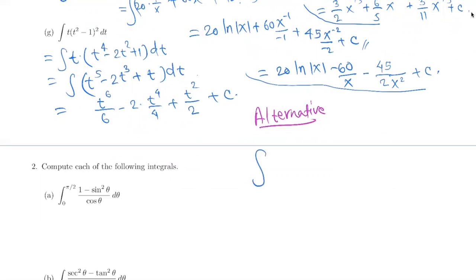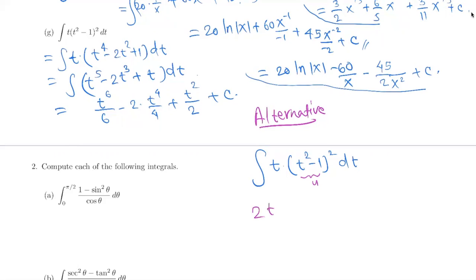The good news, if we assume the inside is u, what is the derivative of t squared minus 1? Just 2t, right? And 2t means we have t, and we can always manage the number. We can just divide, multiply. We cannot manage the variable, but that's not the case here. So we can manage the number.